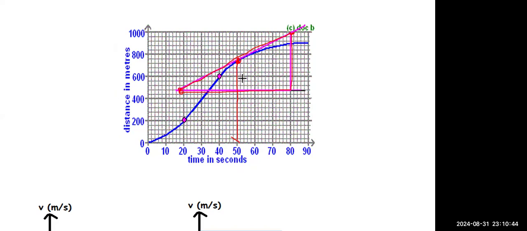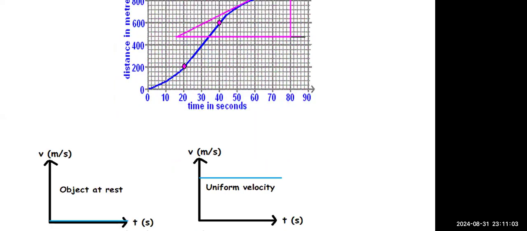Then you can easily find the speed when the time is 50 seconds. So this is the main thing. I have given you the concept of how to solve the question if the line is curved, and you have to find the tangent.